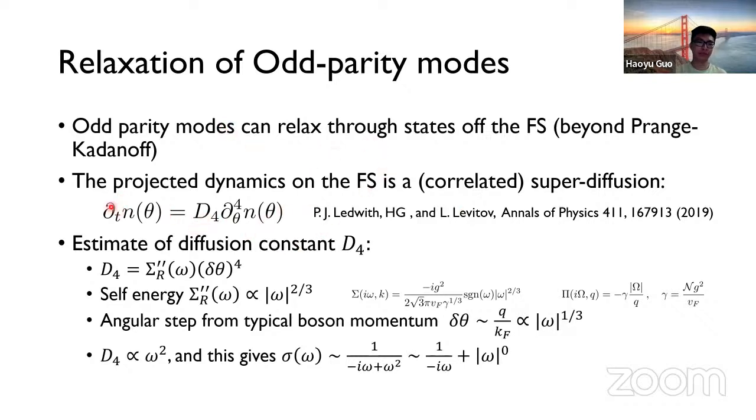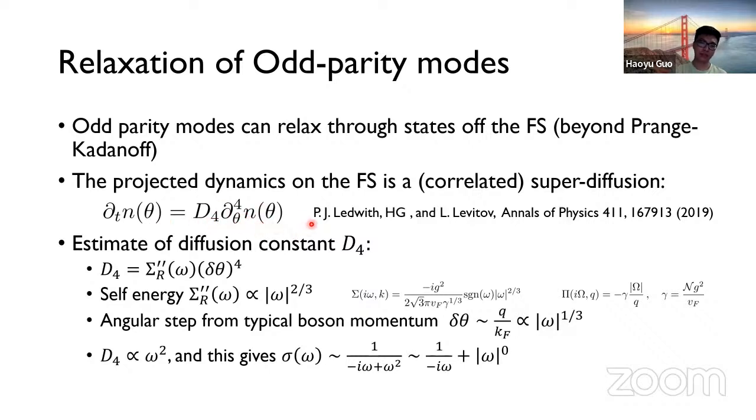So following this picture, you could write down a kind of diffusion equation for the Fermi surface. Say, for example, you introduce some distortion to the Fermi surface and you look at how it relaxes. It can be written as a diffusion equation. Normally, you would think that it is an ordinary diffusion, which is quadratic in the derivatives.